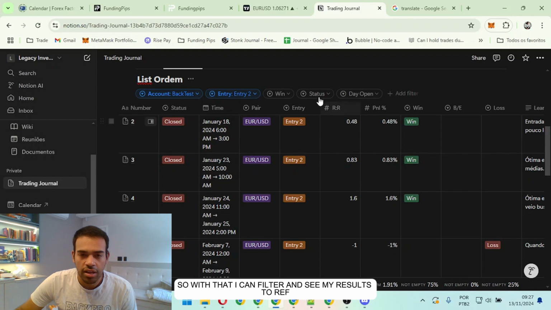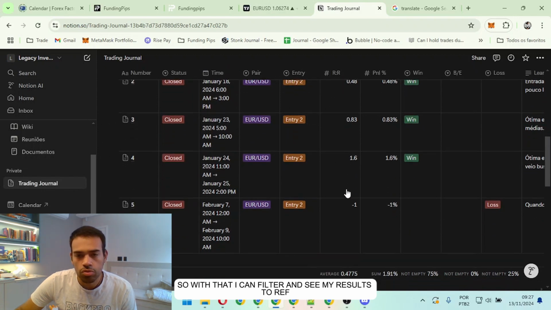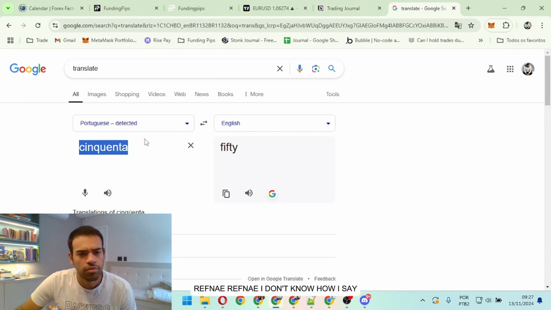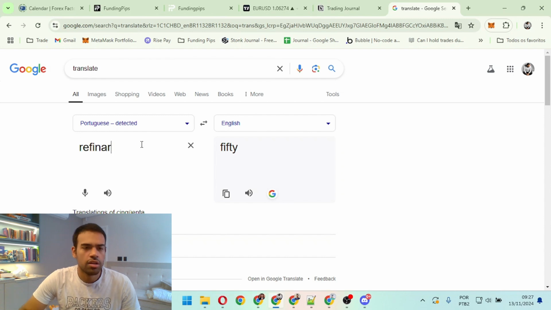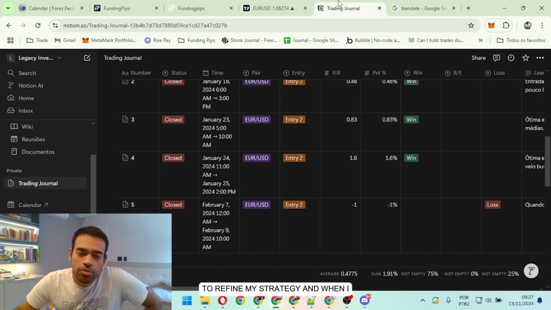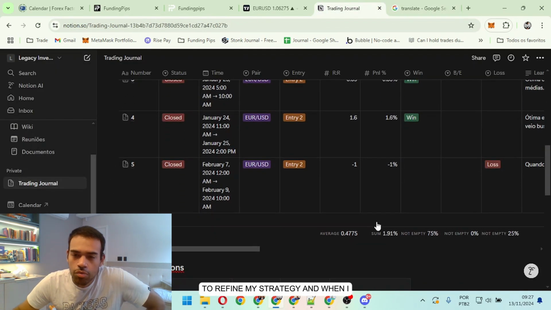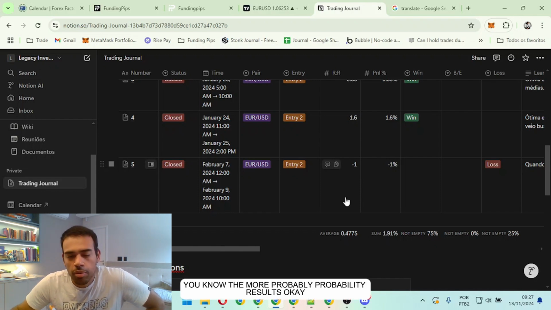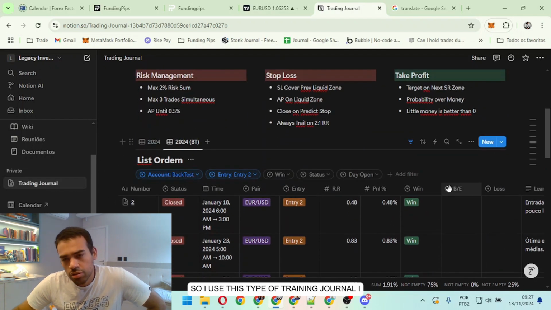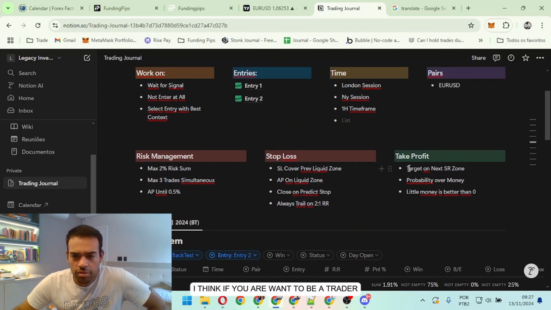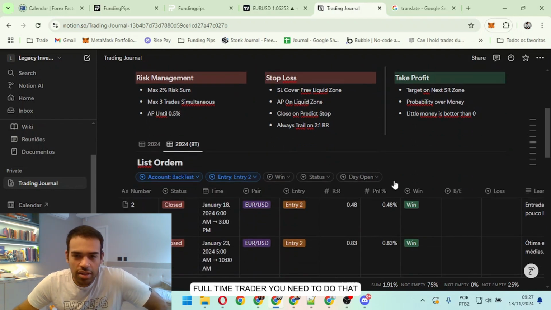So with that, I can filter and see my results to refine, yes, to refine my strategy, and in a live trade I can control my feelings and have the more probable results. Okay, so I use this type of trading journal. I think if you want to be a full-time trader, you need to do that.